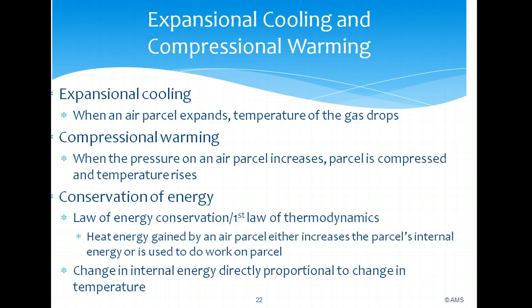So as an air parcel ascends and expands, its temperature drops. As an air parcel descends and is compressed, its air temperature rises. As we'll see in the next chapter, this expansional cooling and compressional warming will be factors in the development of clouds or the dissipation of clouds.